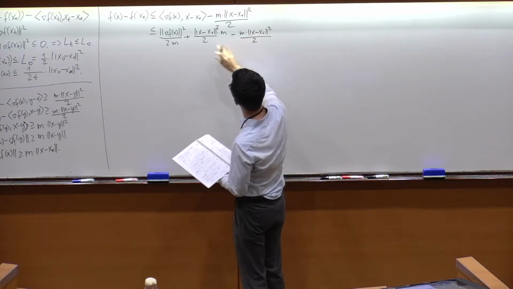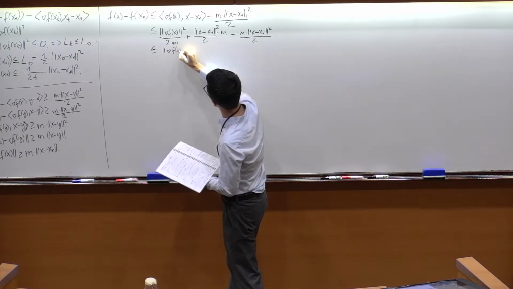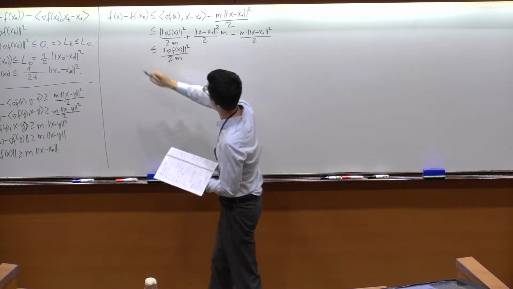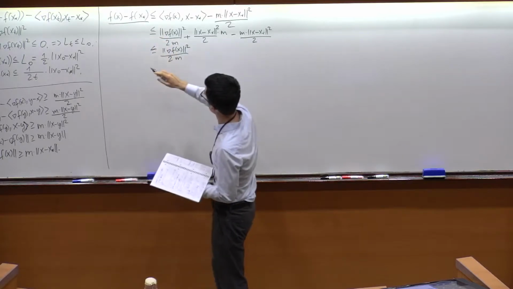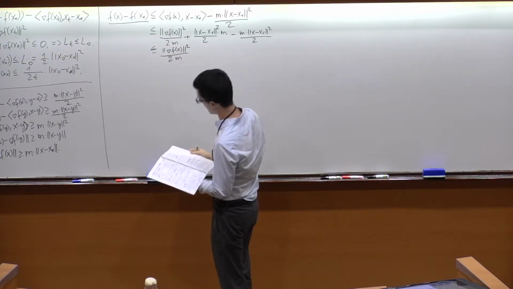So these two cancel out, and that is equal to ‖∇f(x)‖² over 2m.